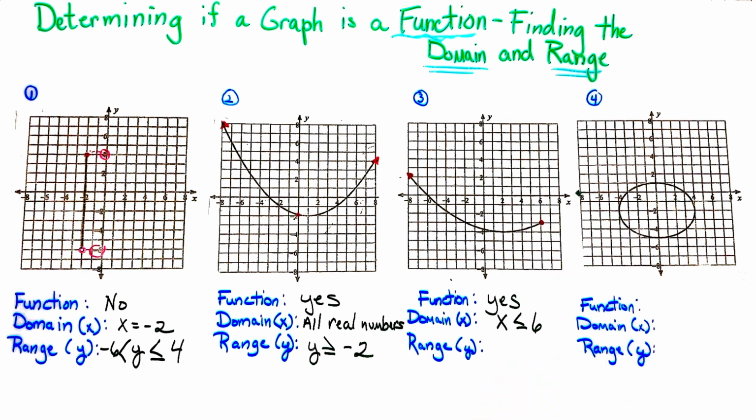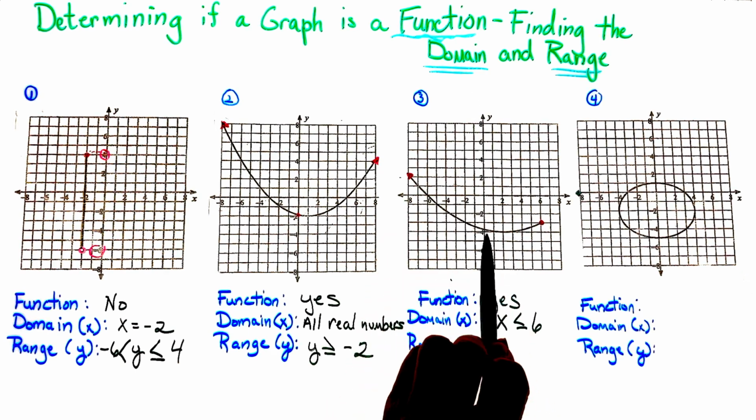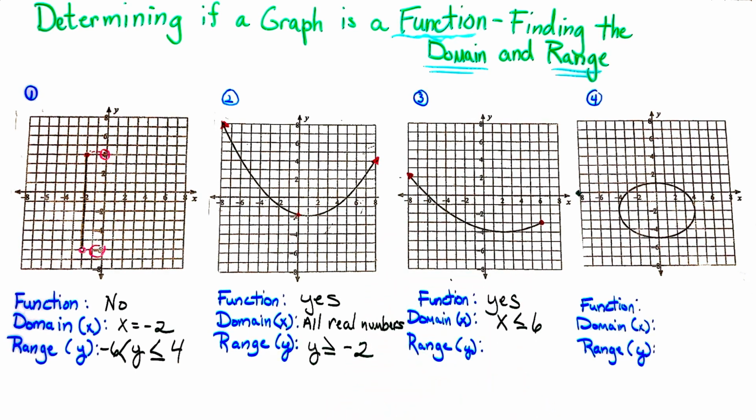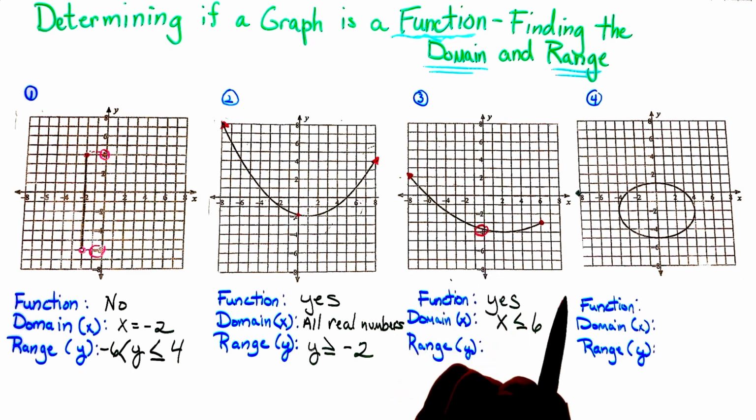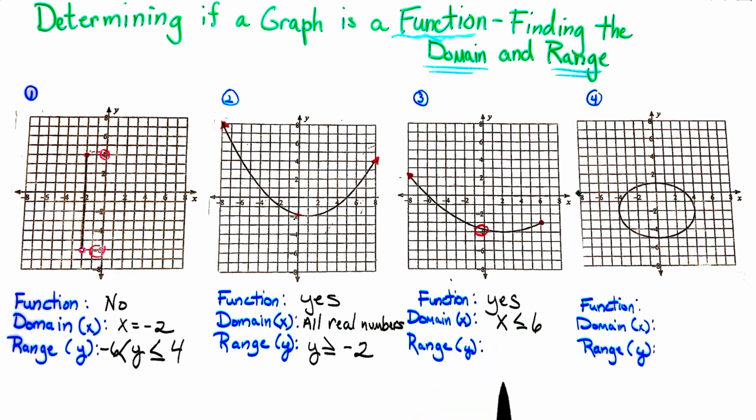All right, so now we're going to look at our range. And again, our range is our y-axis. I'm going to circle this. It looks like it's a little bit off of that -4, but we're going to call it -4.